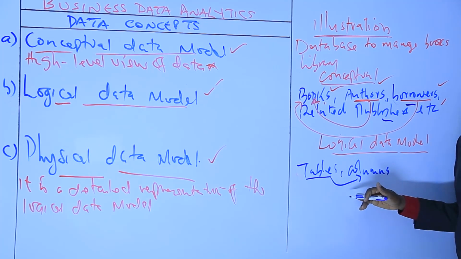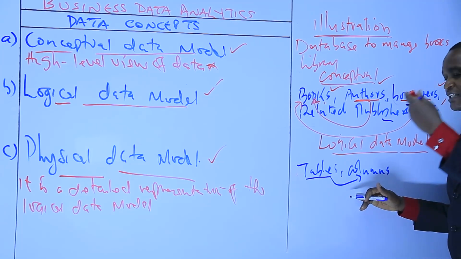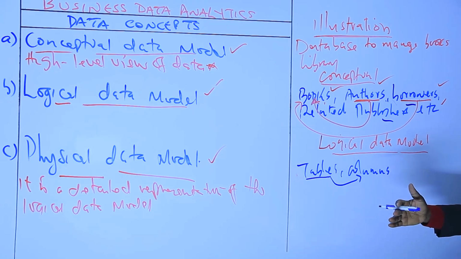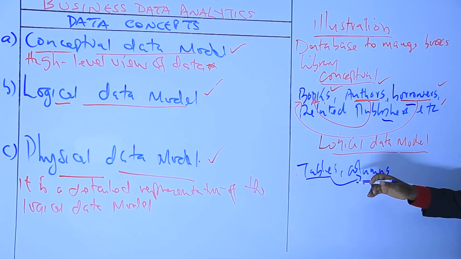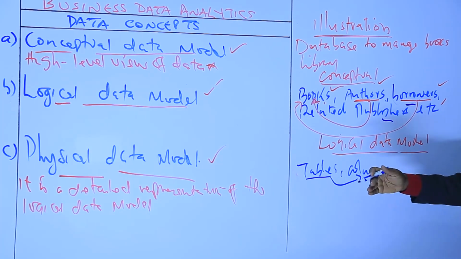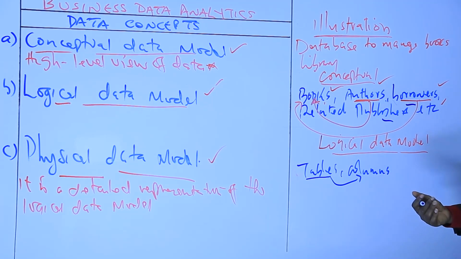We may have the book titles, the author identities. We could have publishers' identities, and so on. So those are details. And the relationship between the tables containing books, authors, borrowers, and publishers would be defined using different keys.